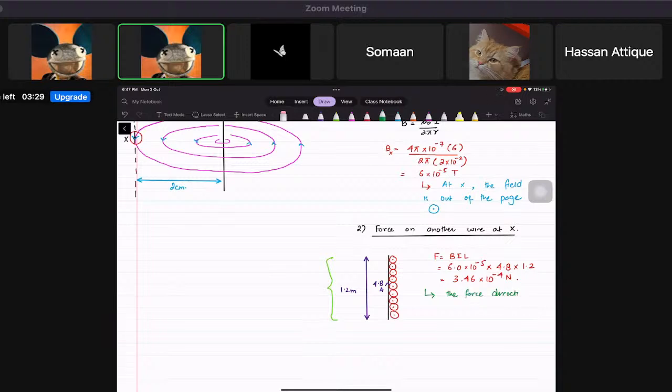So the force direction can be found using Fleming's left-hand rule. Now check this out. It means your index finger should be coming out of the page. So that's your index finger. The middle finger should go up because that's where the current is. Now, where is your thumb, please?